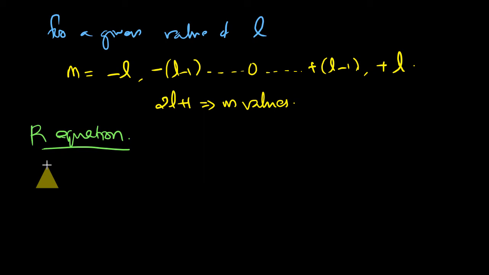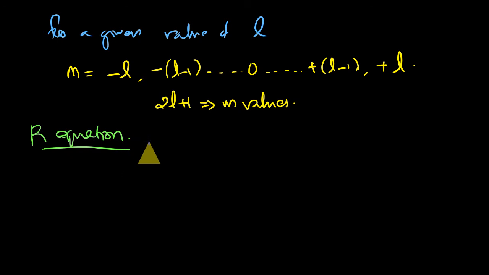Anywhere on the surface of the sphere, R is constant, or the radius of the sphere is constant. So R is not a variable there. So we had no equation containing the variable R there. But here in the case of the hydrogen-like atom, R is not a constant. Here R is a variable. Therefore, we had an equation in terms of R, that was the R equation.